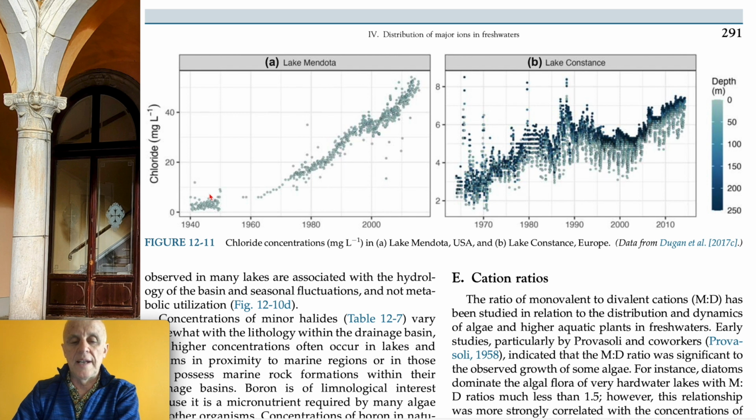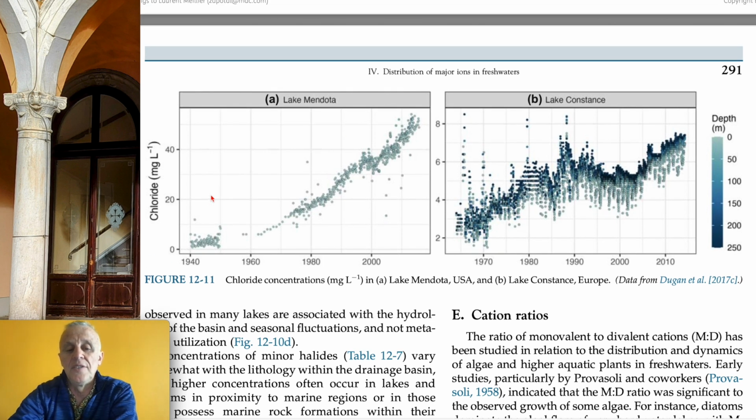So we see a constant rise of chloride concentration, and as we were presenting in the text, a lot of it is due to the de-icing input from the roads, as well as other inputs such as wastewater. As the population increases and the road density increases, you have higher concentration of chloride that ends up in those lakes because of the erosion of the salts from the road, and that it is entrained in the water that ultimately ends up in the lake.